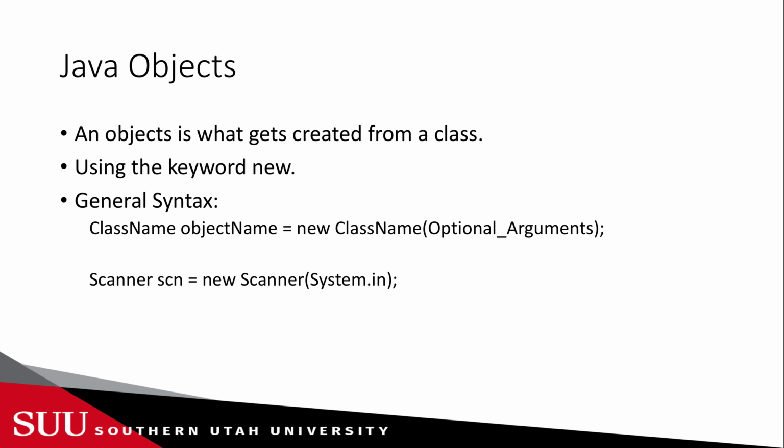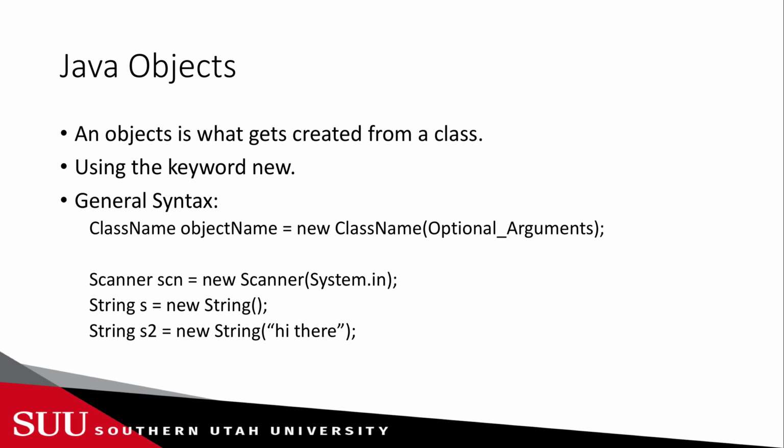Some examples are Scanner cn is equal to new Scanner, and then in parentheses System.in, and this is how we acquire user input. Another example is when we want to create a new string, we can say String s is equal to new String, and then we can leave the parentheses without any arguments, and that is going to create an empty string. Or we can create a string that has some content by providing the content in the parentheses.